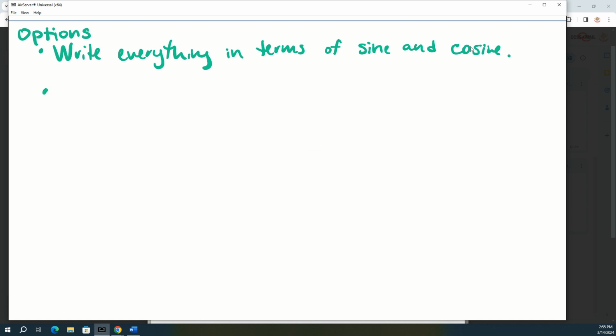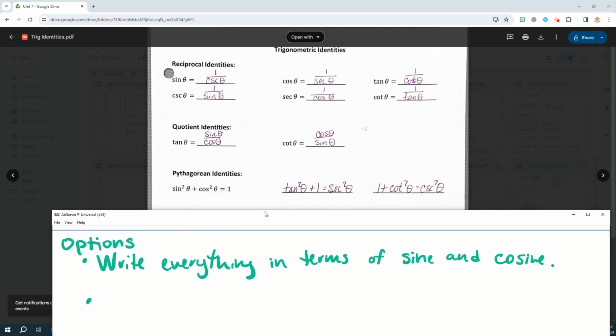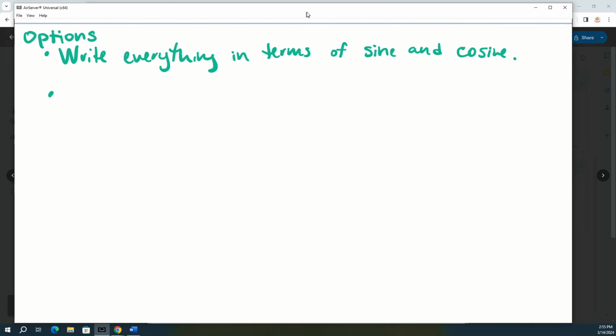Another thing is, whenever there is a squared term, or possibly two squared terms added or subtracted from each other, you're going to want to use these Pythagorean identities.